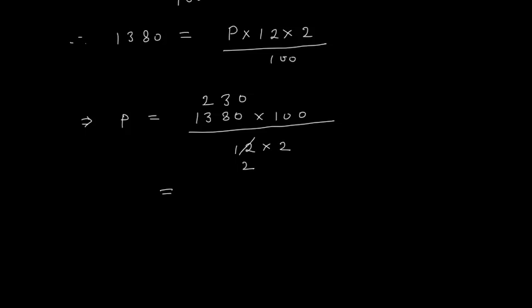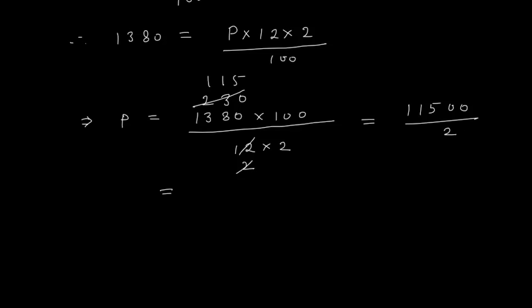Now 230 again I can cancel, it is 115. So 115 into 100 divided by 2. Let us multiply first, that is 11500, and divide by 2.